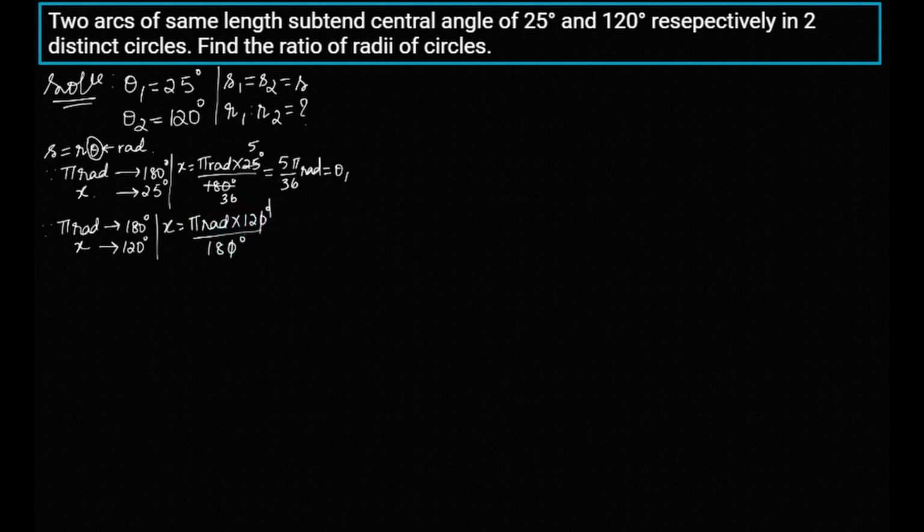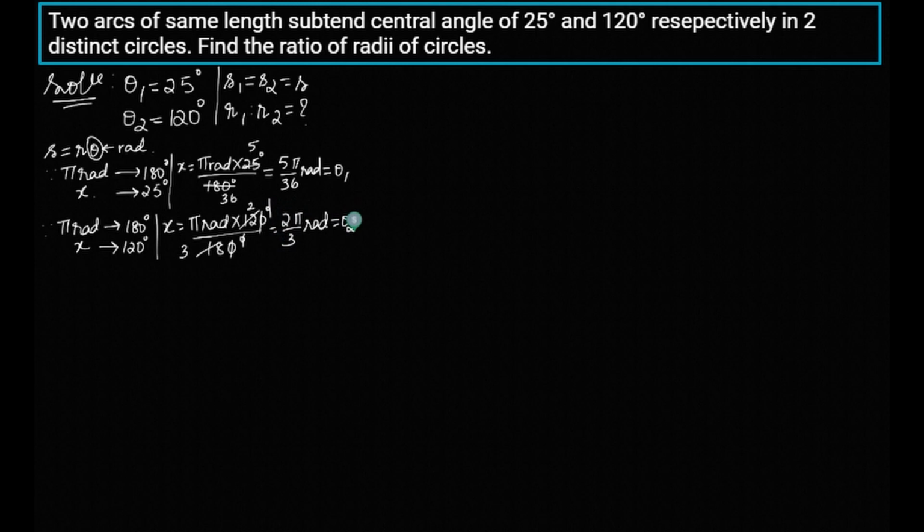Degree unit and degree unit cancel out. 6 into 2 is 12, 6 into 3 is 18. We get 2 pi by 3 radians, which is theta 2.